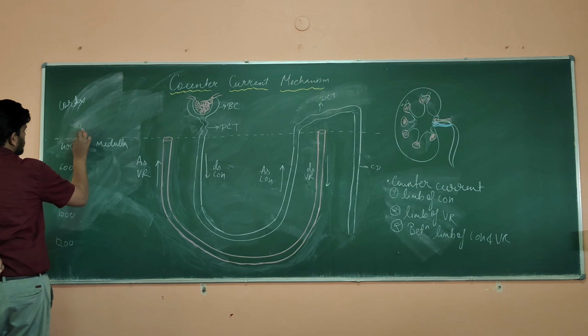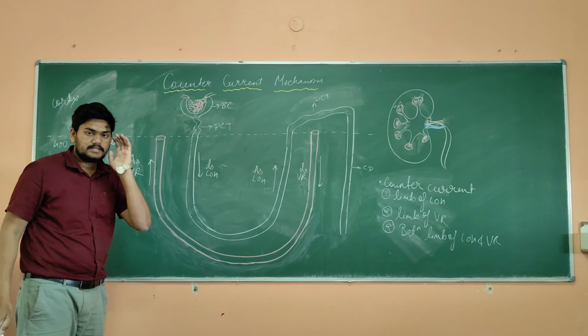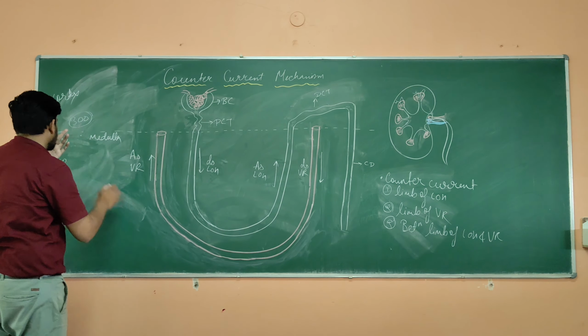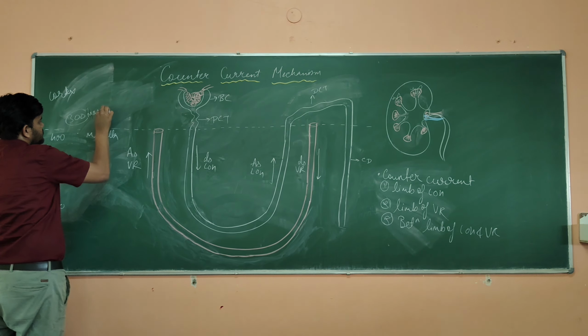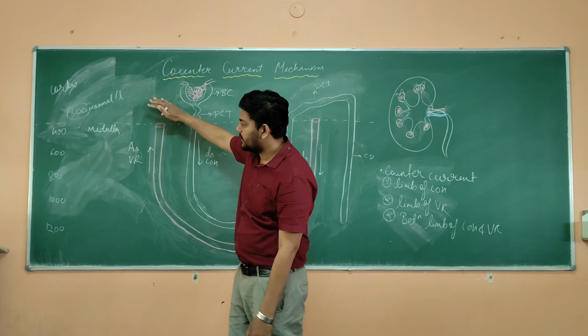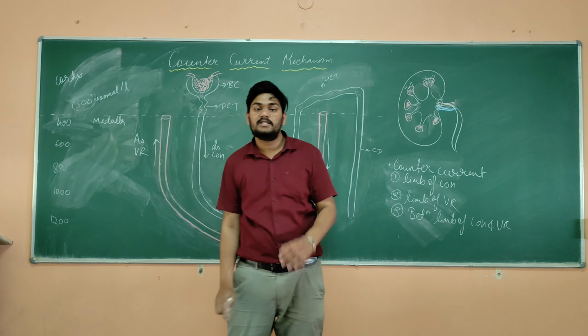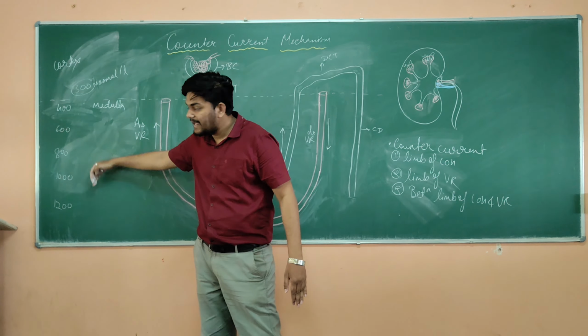And what is in the cortex? Cortex will have the basic osmolarity, that is 300 milliosmol per liter. So in the cortex you have the normal osmolarity, but when you go into the medulla region you will see that the osmolarity gradient is increasing gradually.